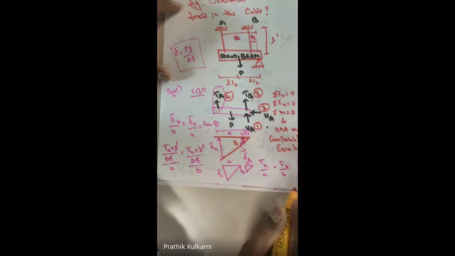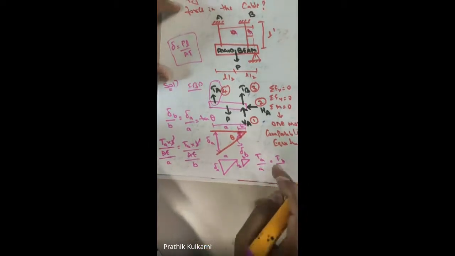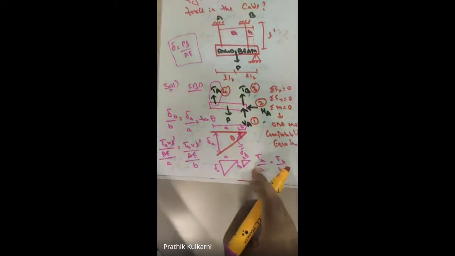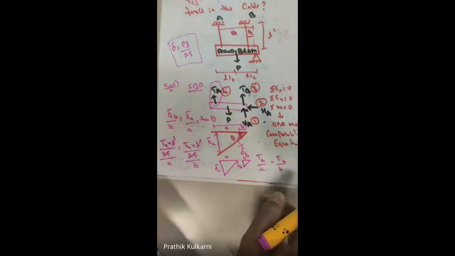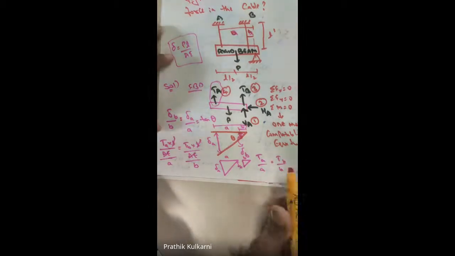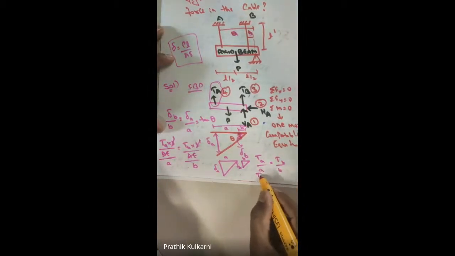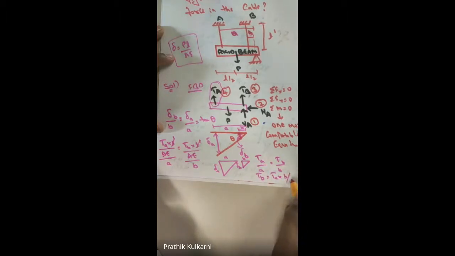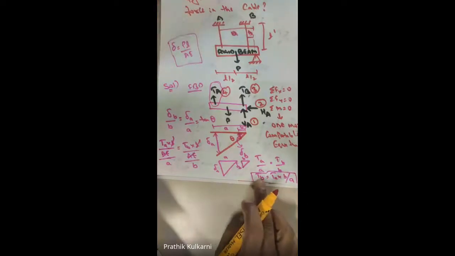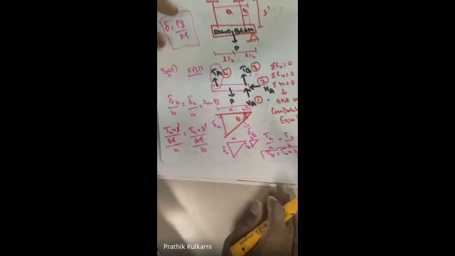Your choice, whichever you want, you can take. So let us consider here, we'll take TB, which is equal to TA into B by A. Is it visible? Yes, sir. Okay. Now TB I have written in terms of my TA. That is okay.